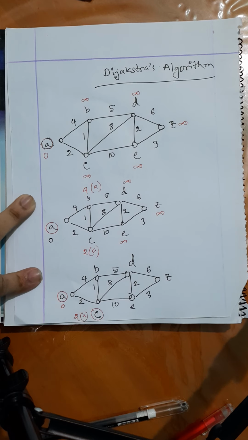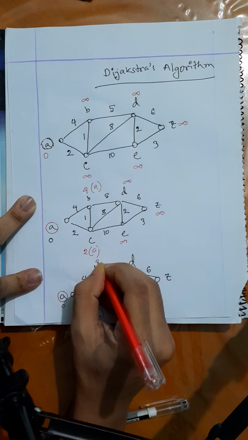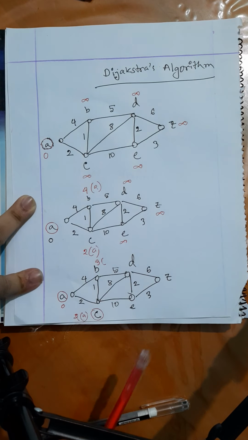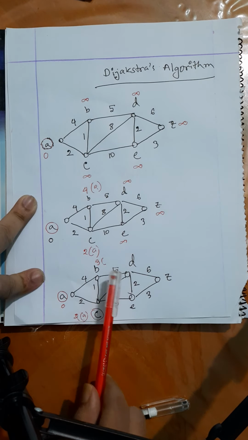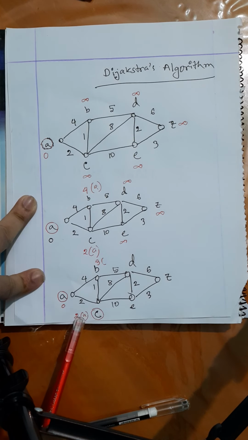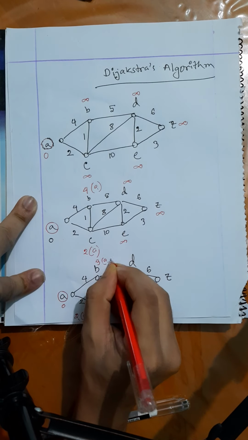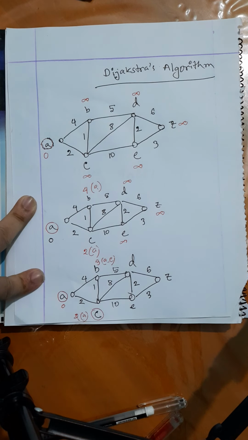So we will update the distance value of B to 3 and keep track of the path. The exactly previous node is C, but C also comes from A. So the path of B is going to be A then C.